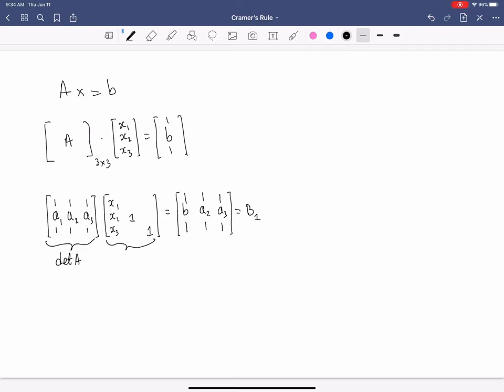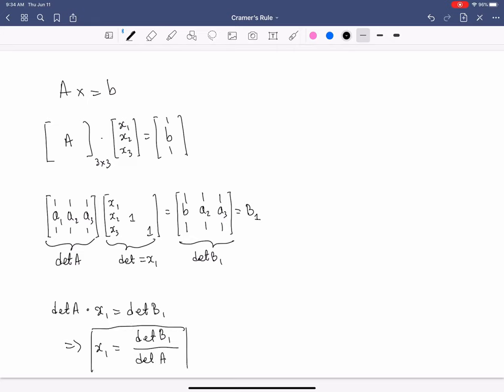So the determinant here is simply x1. And then the determinant here of B1 is the determinant of B1. So what I have from the product is that the determinant of A times x1 equals the determinant of B1. From here, I have x1 equals the determinant of B1 over the determinant of A.